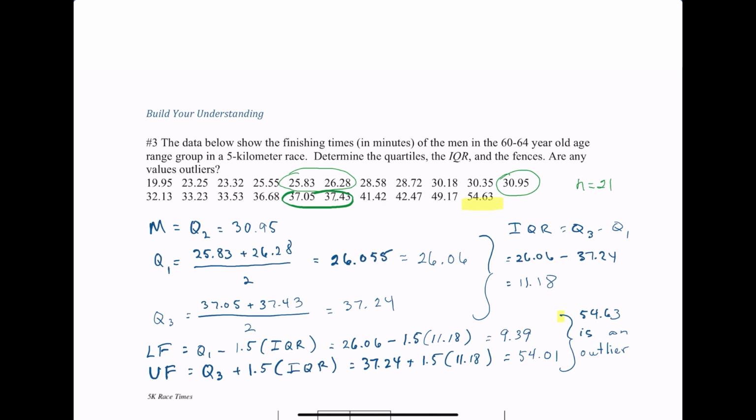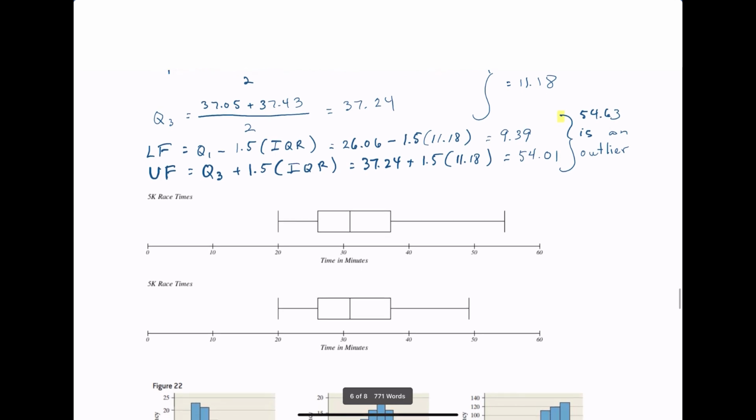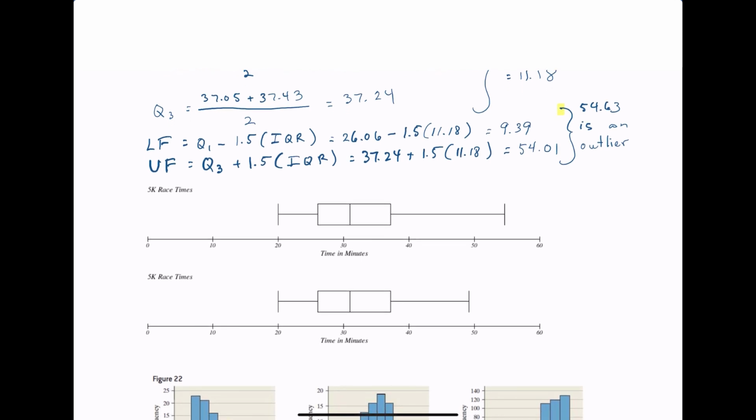I don't know if you noticed the box plots below this problem. The first box plot is the one that you would make if I had asked you to make a box plot. Now the scale is so detailed in terms of our data and so undetailed in terms of our horizontal axis that it's hard to tell exactly, but this quartile 1 is at the 26.06 mark.